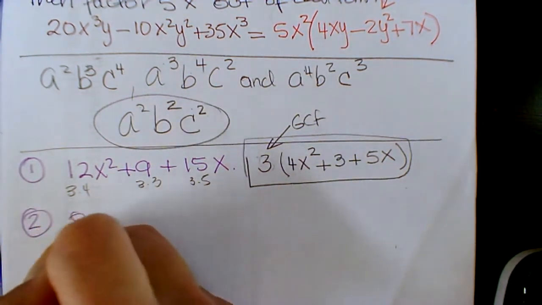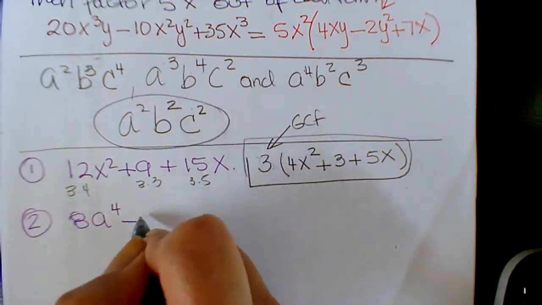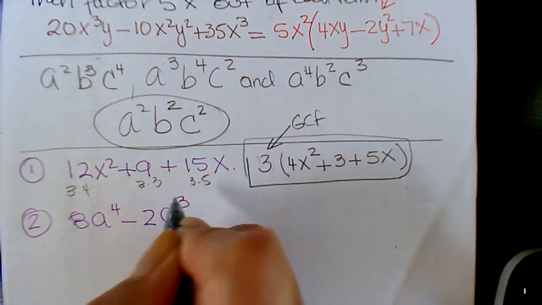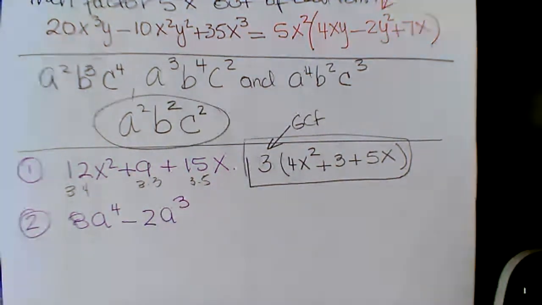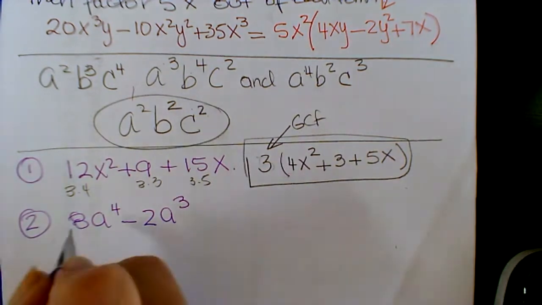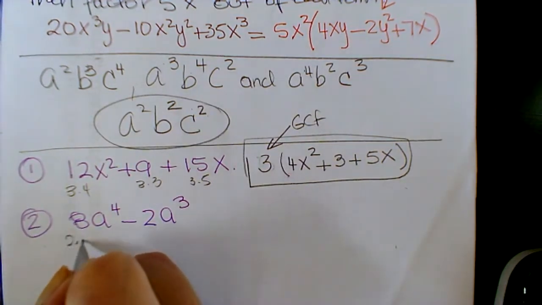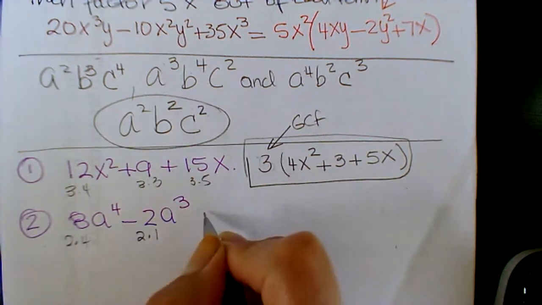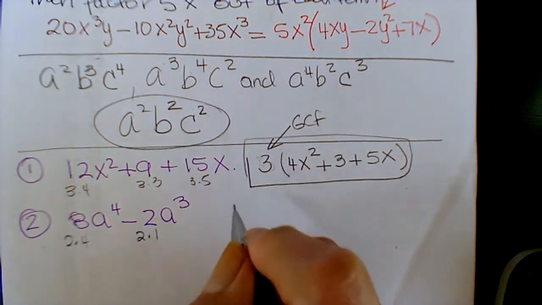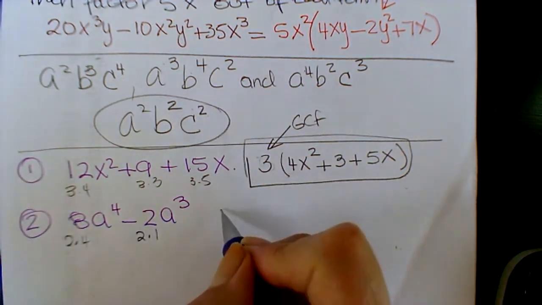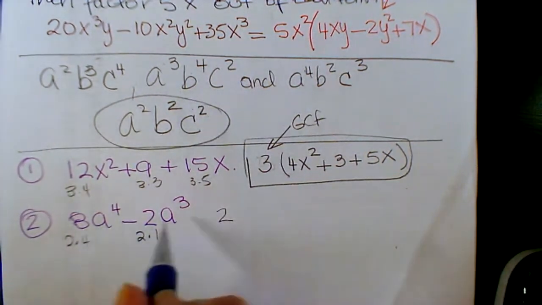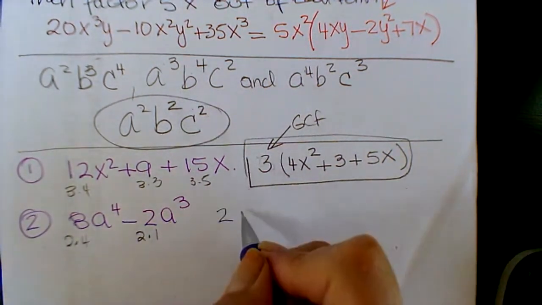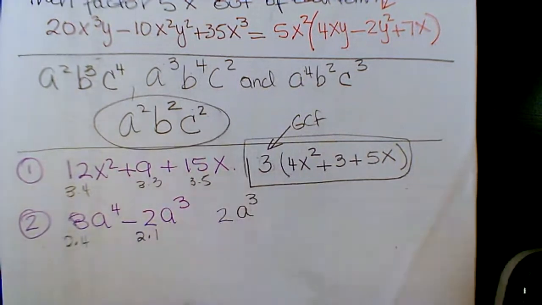Then a to the 4 minus 2a to the third power. So this is 2 times 4, this is 2 times 1. So let's get the greatest common factor first. It's going to be 2. And between the a's to the fourth and to the third, we know it's going to be the lowest one.